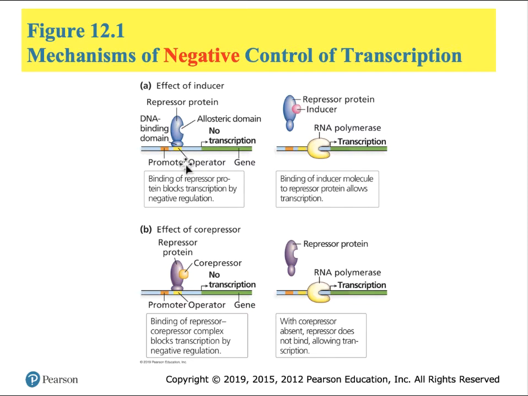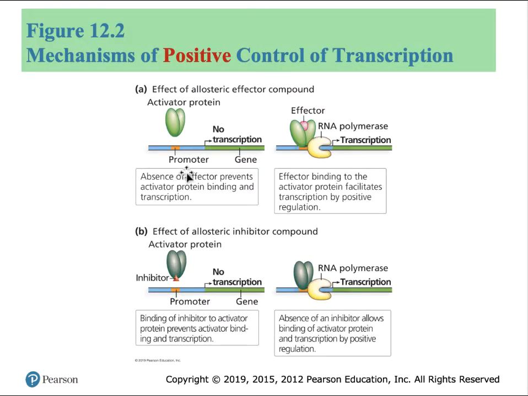And if you look carefully, you'll notice that the operator is sitting downstream of the promoter. So even if the RNA polymerase was to bind here, it could never get past this protein which is blocking its passage along the DNA. Whereas in this case, if you look carefully, the promoter is located downstream of the activator binding site.